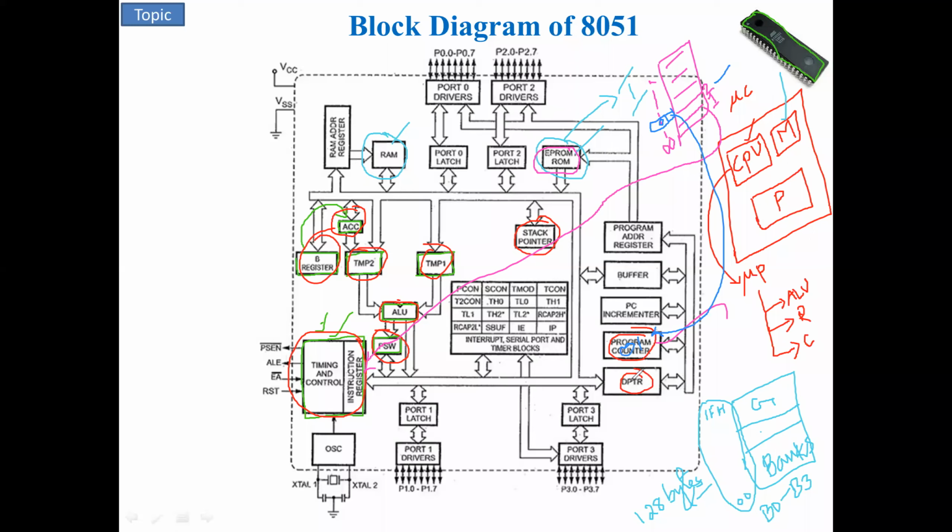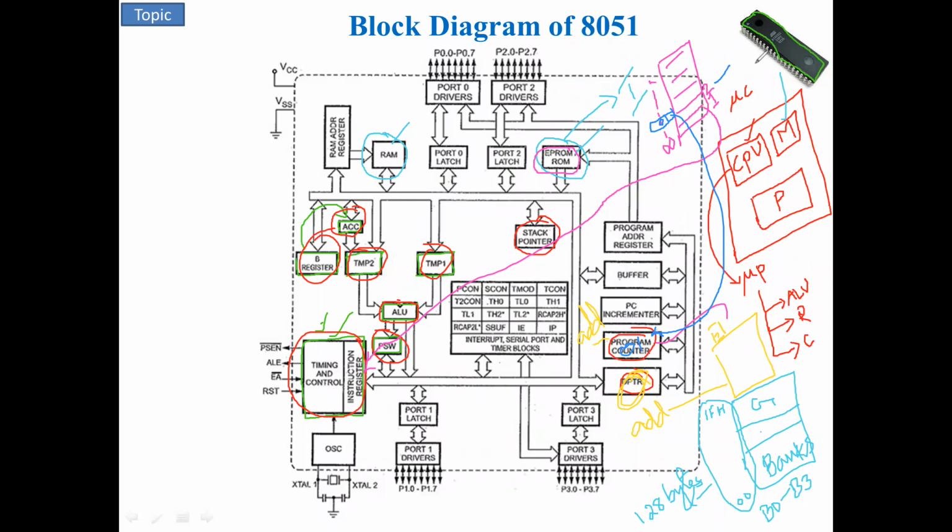Another register is the DPTR, the data pointer register. This is a particular register to hold an address. The program counter holds an address, and this holds the address of external memory, which is outside the IC.